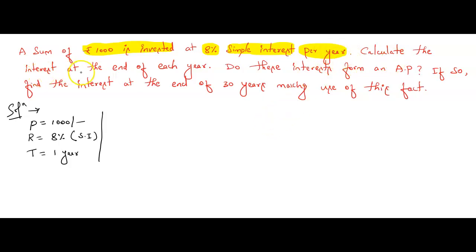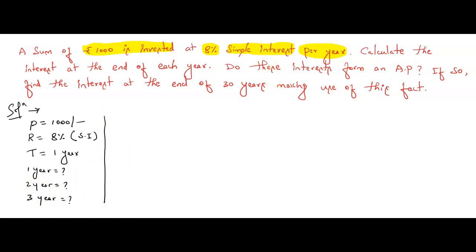Calculate the interest at the end of each year. Here they are not asking you to find the number of periods, but they are telling each year. So you can find at least a minimum of 3 years: for the first year, second year, and even the third year. Why?